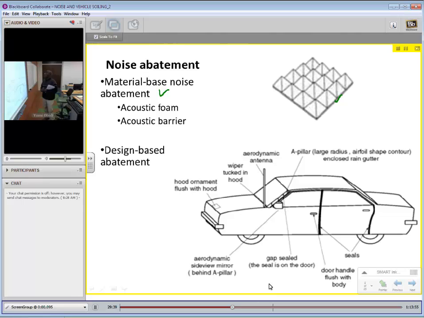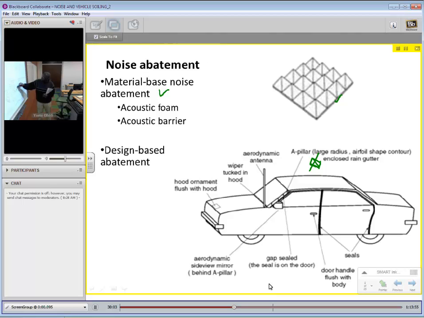The A-pillar. For the A-pillar, we want a large radius, airfoil shape, contour, enclosed rain gutter. In some older designs, you have the A-pillar just like that. We don't want that, no. The A-pillar should have a smoothing effect.